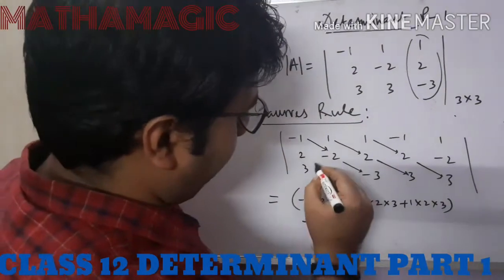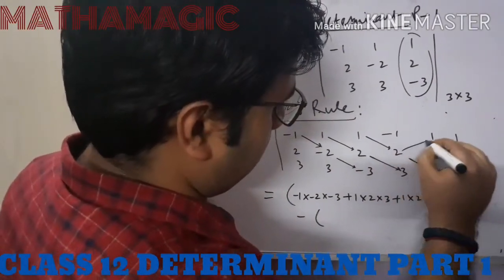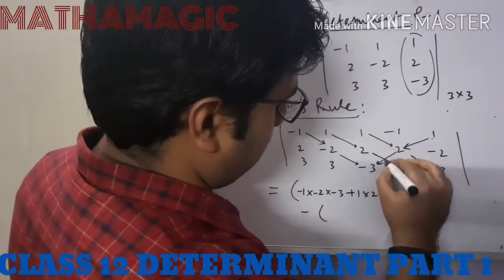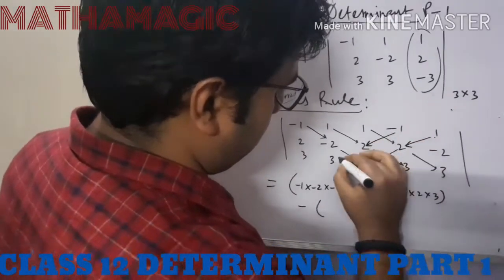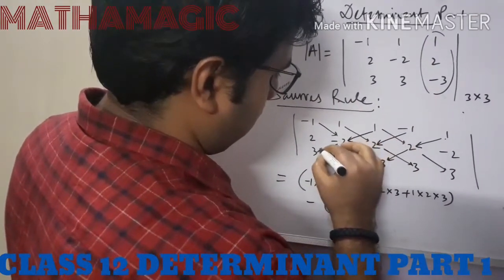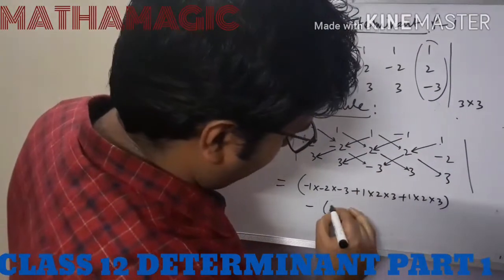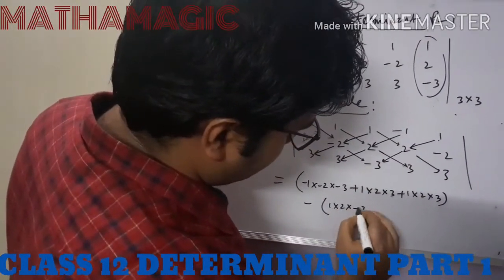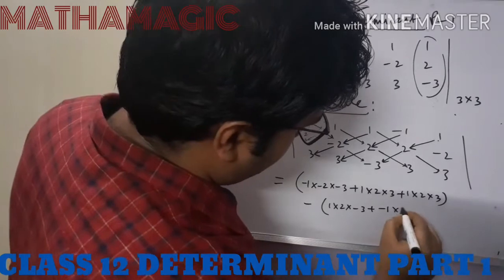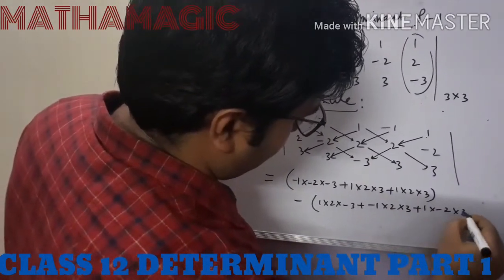We'll do the same for this. Like this. So we'll write 1 into 2 into minus 3 plus minus 1 into 2 into 3 plus 1 into minus 2 into 3.